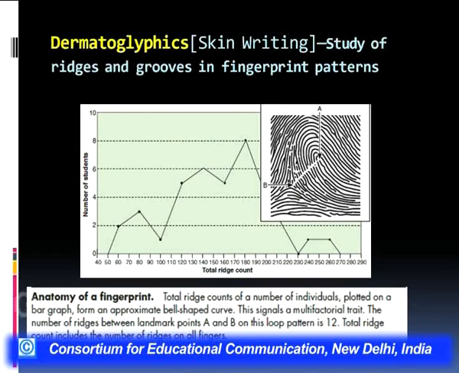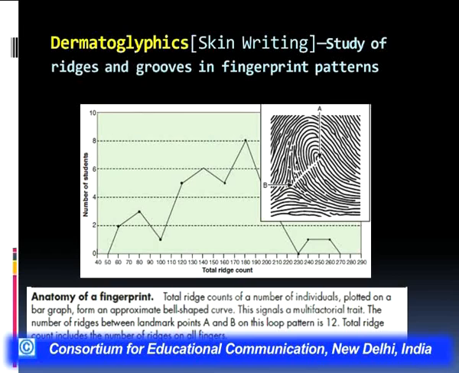Another very important case of quantitative inheritance is seen in terms of a new term which has been given, and that is dermatoglyphics, which is the skin writing. Many of us are followers of palmistry. We find that there are ridges and grooves in our fingerprint patterns, and they are different for each individual.